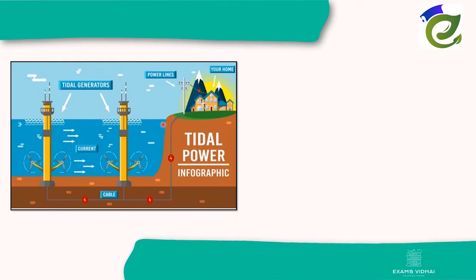The generator produces electricity. Ocean currents generate relatively more energy than air currents because ocean water is 832 times more dense than air, and therefore applies greater force on turbines.